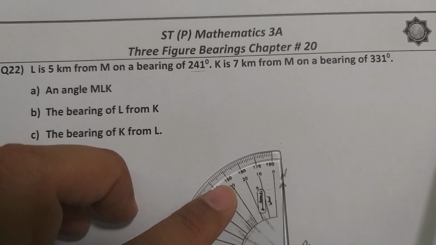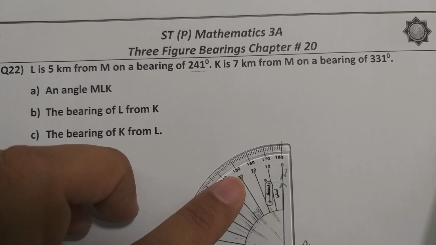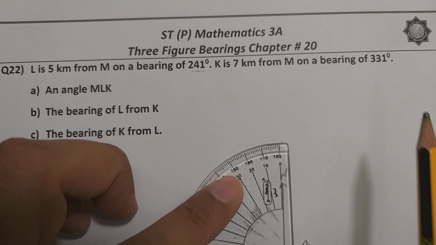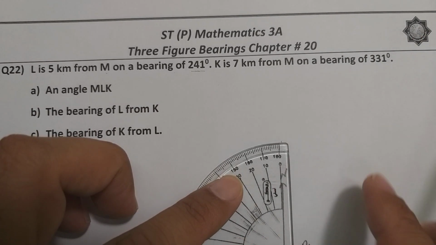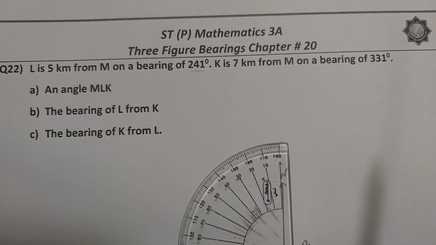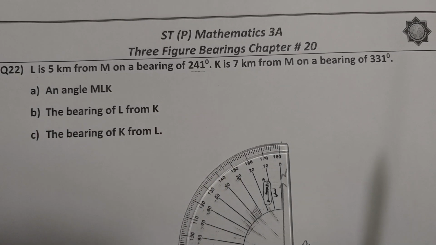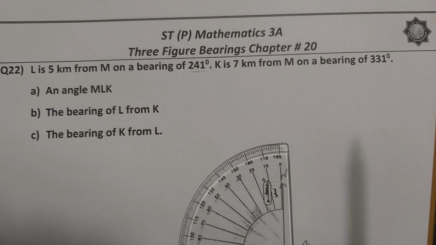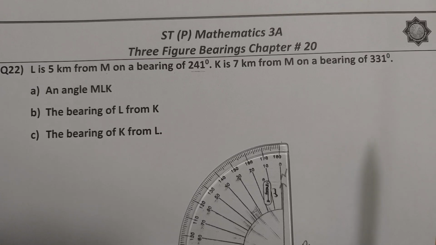So it means we know the straight line is 180. So this is 180 and this is 180, total 360. So we need to find 241. So what angle we add in 180, it becomes 241.